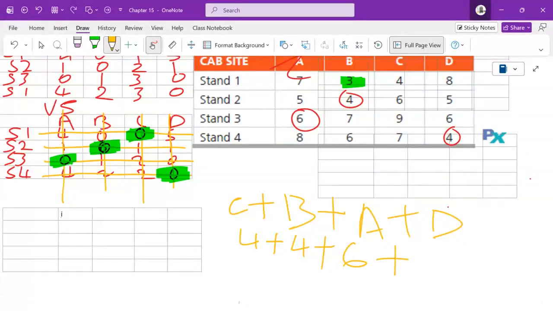Then plus D, which is 4. Now we add on our original numbers. The solution was found here, there, and there. So we need to add all those ones, which amount to 15 plus 4. Is it 19?